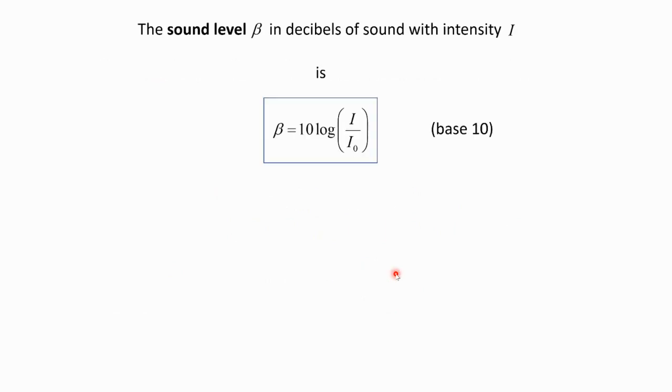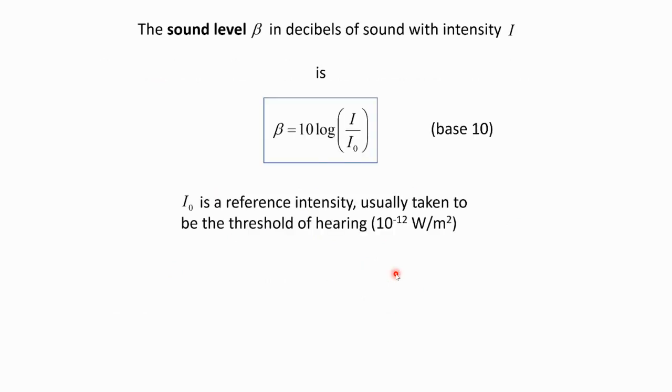So sound level beta in decibels is this formula: 10 times the base 10 log of this ratio of intensities, I over I sub 0, where I sub 0 is a reference intensity, usually taken to be the threshold of hearing, which is 10 to the minus 12 watts per square meter. So the sound level is dimensionless.